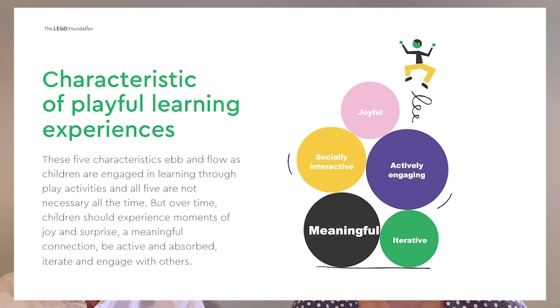Of course, if children can find a meaning in what they are learning, that's also so great. And socially interactive, that's not easy online and remotely, but we really tried to have that in mind when we built the pedagogical concept.